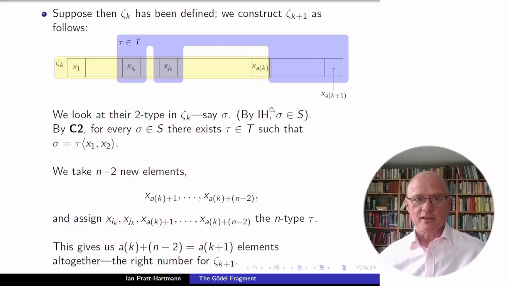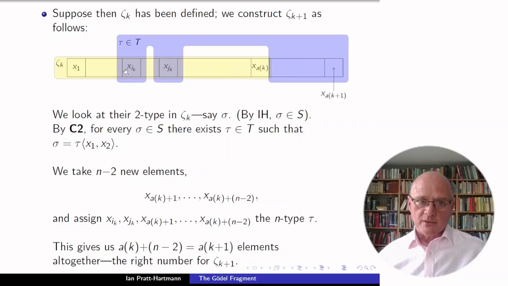So those will be the extra elements, and I'll need to define a type on these. The first thing I will do is take these elements, xik and xjk, which represent the pair of indices encoded by k.